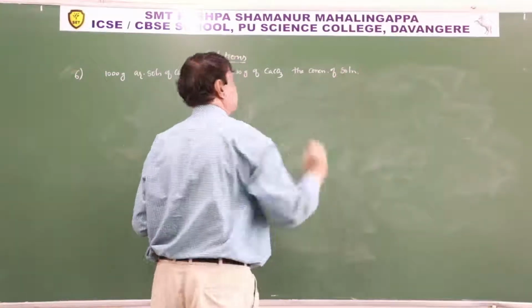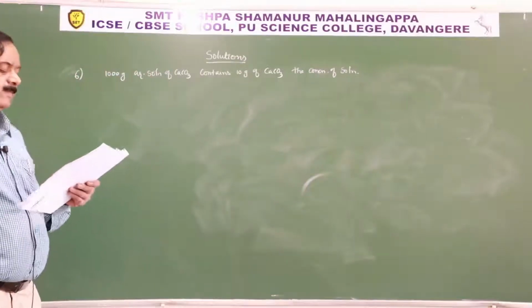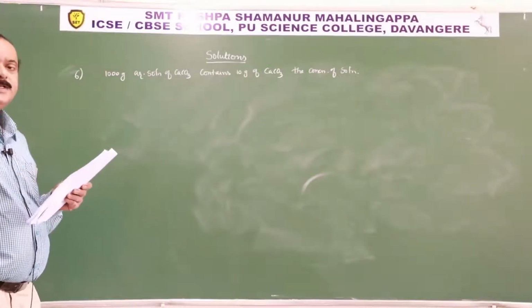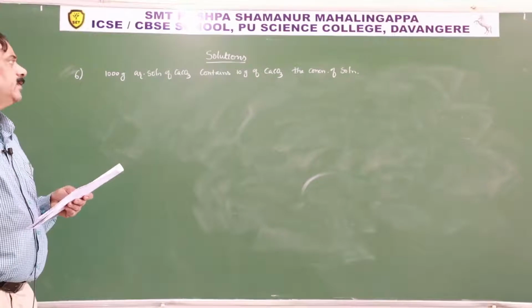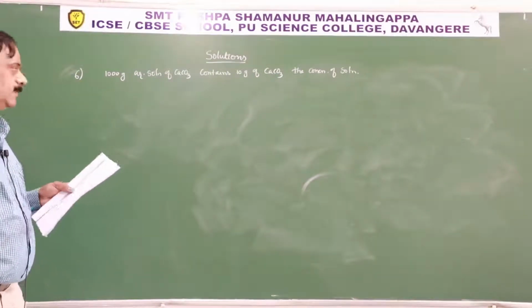We can express the concentration in various methods. Here the option contains only parts per million. Therefore, you have to convert in terms of parts per million.